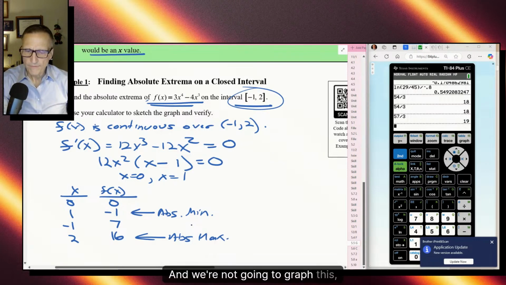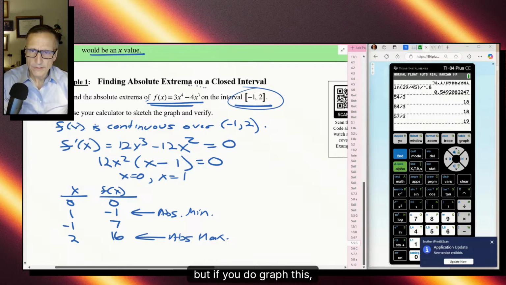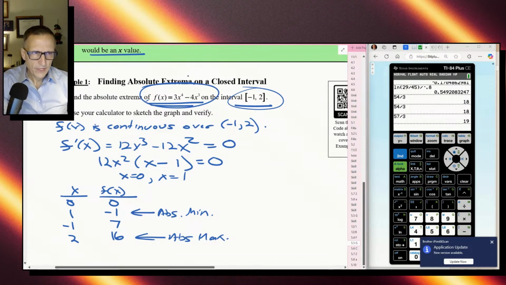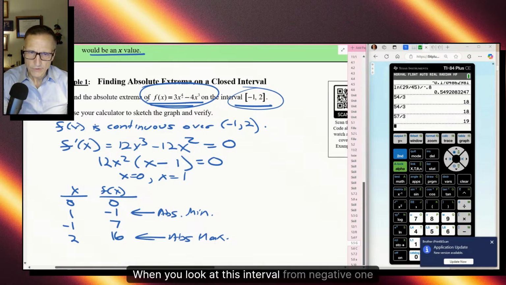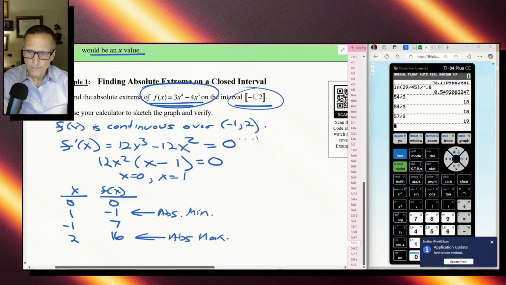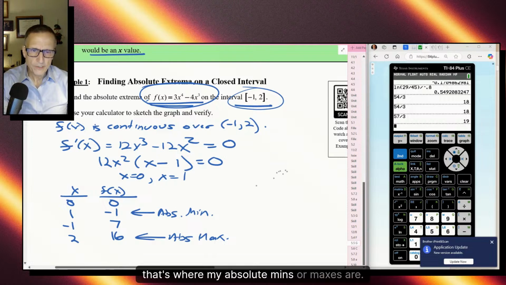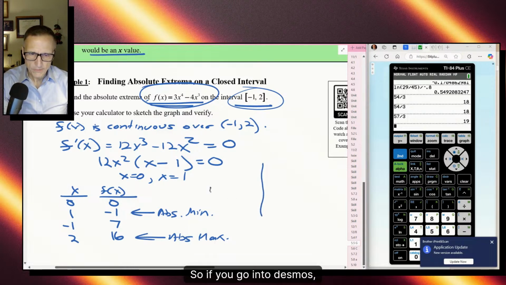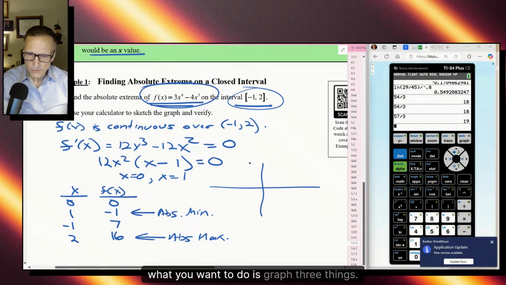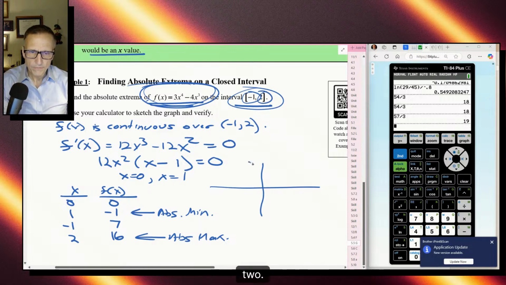Okay, and we're not going to graph this, but if you do graph this, it's a good exercise to do that. You can do that over in Desmos to do it quickly, just to confirm that this does make sense. When you look at this interval from -1 to 2, that's where my absolute mins or maxes are. So if you go into Desmos, what you want to do is graph three things. Graph the function itself, and then graph the vertical line x equals -1 and x equals 2.